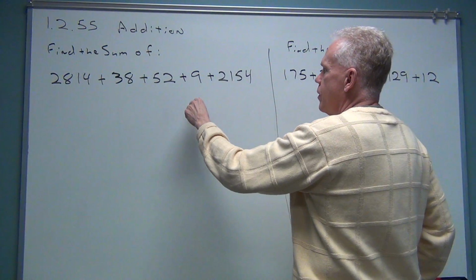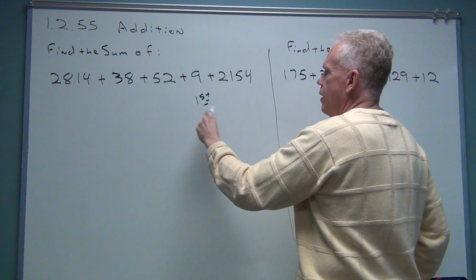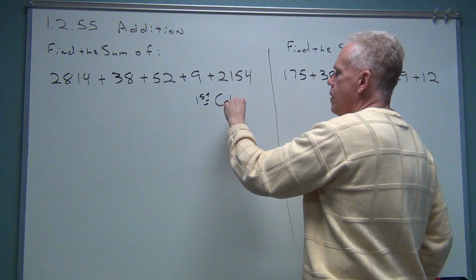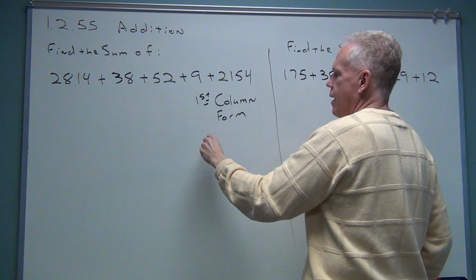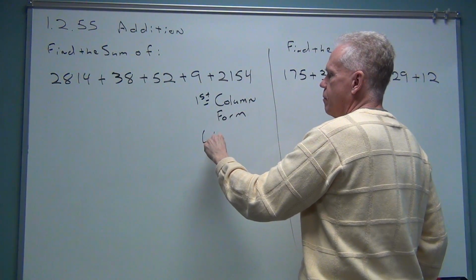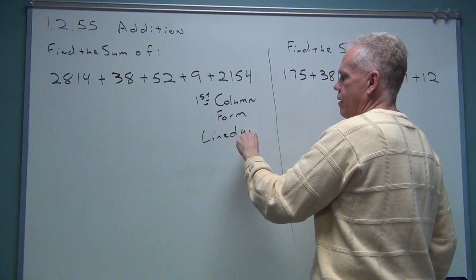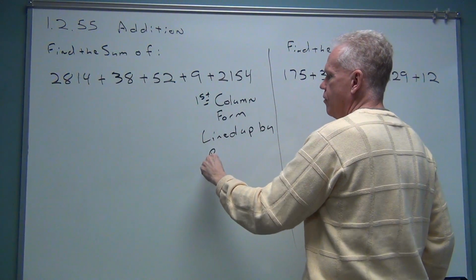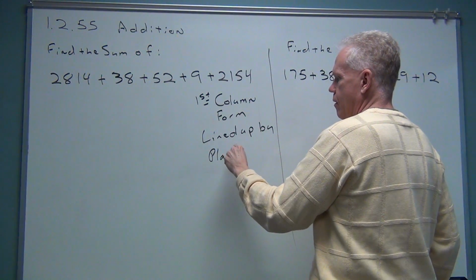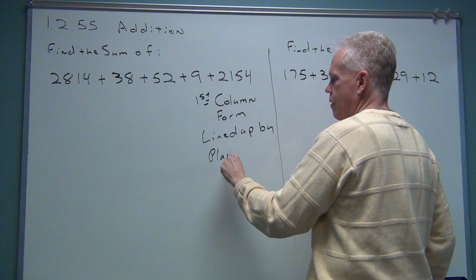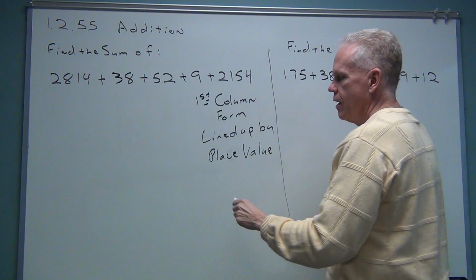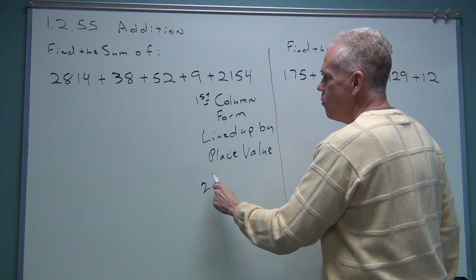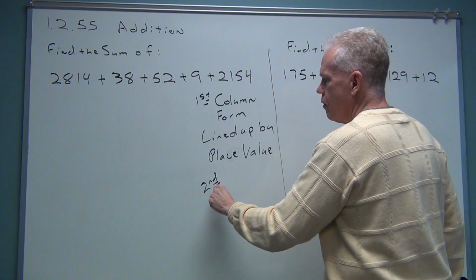So first what we want to do is go in column form, and they're going to be lined up by place value. Okay. Second, we may want to reorder these.